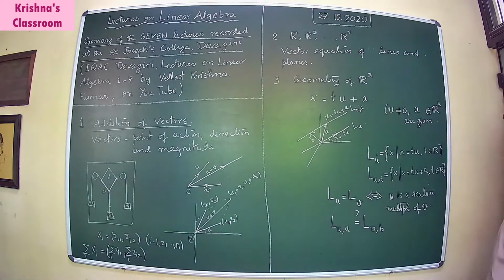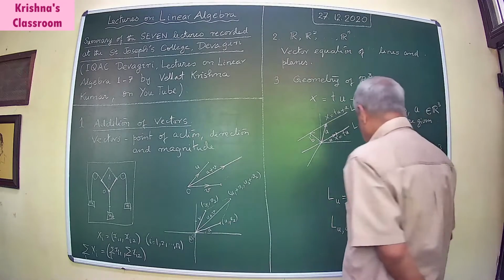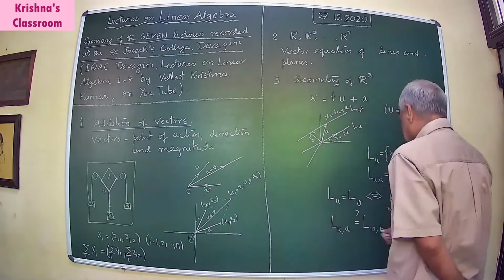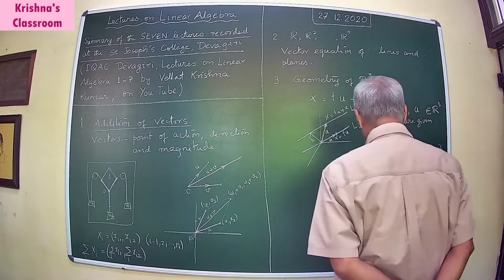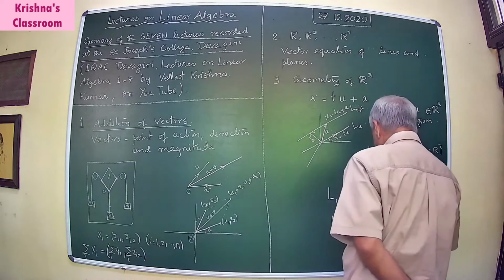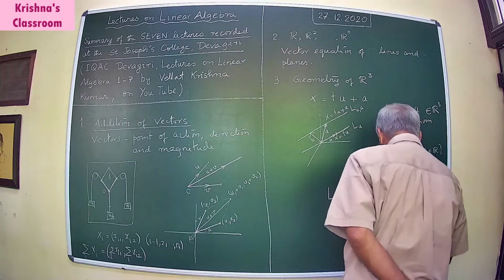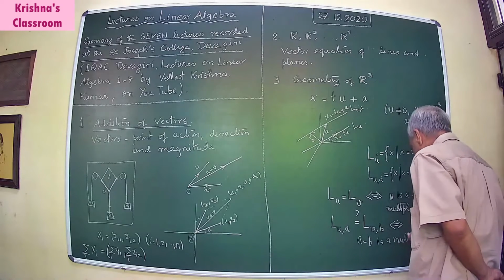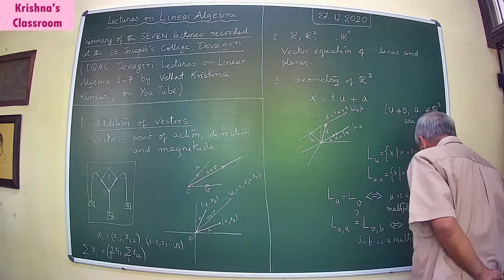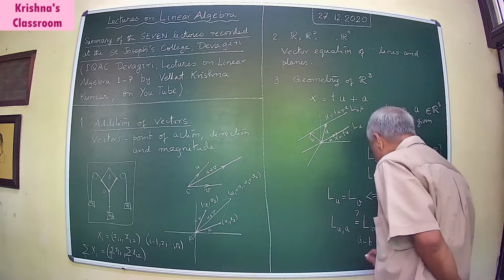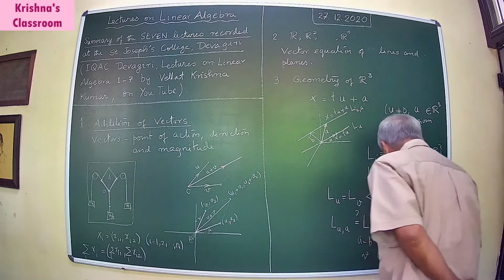This happens if and only if two things happen. One, A minus B is a multiple of U.